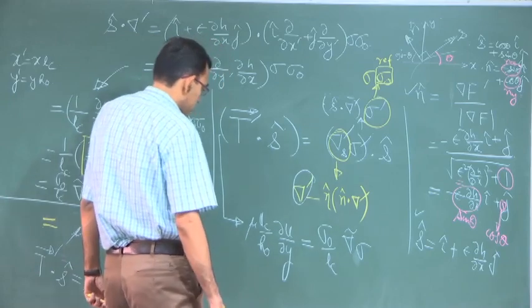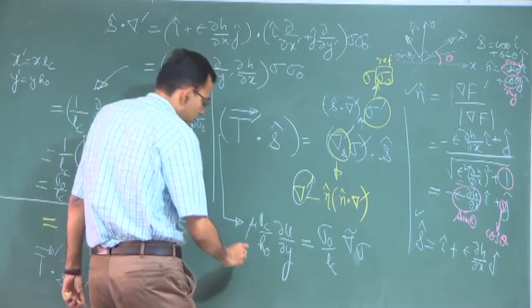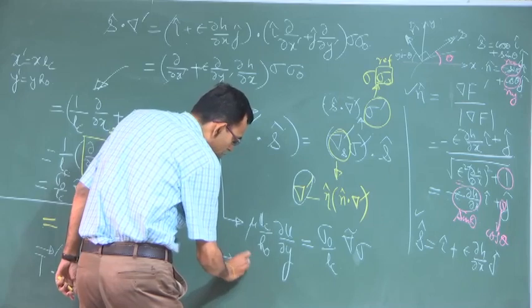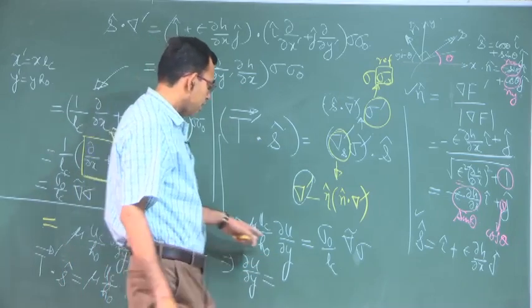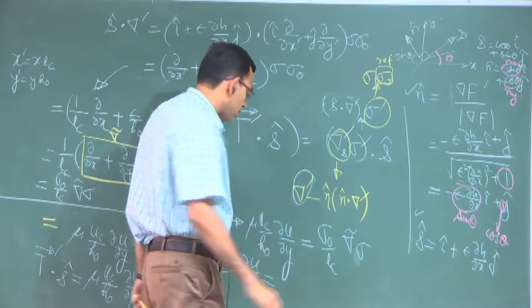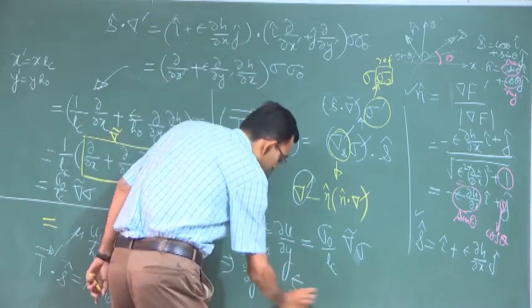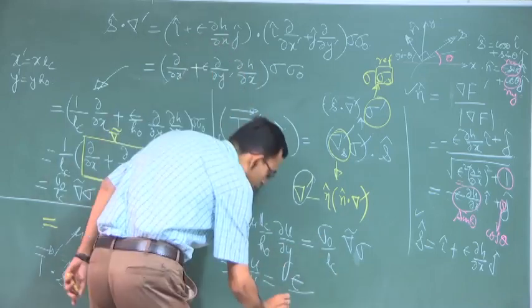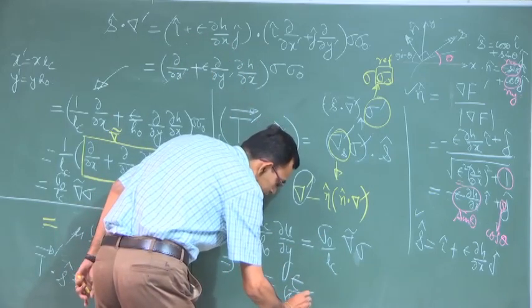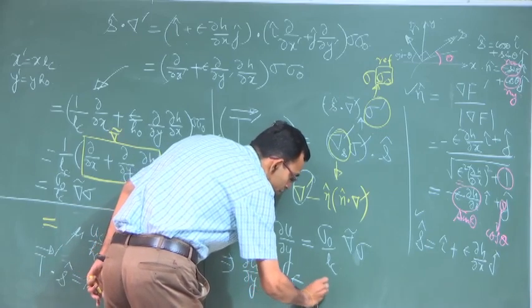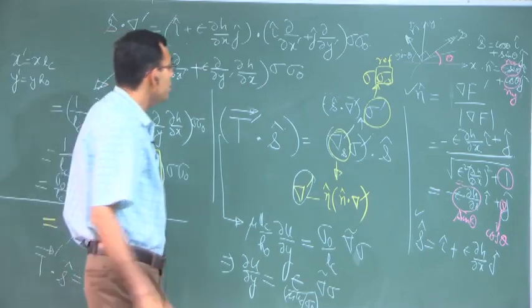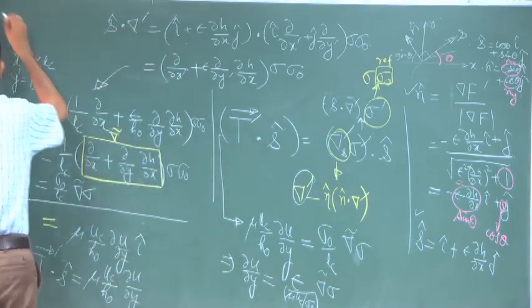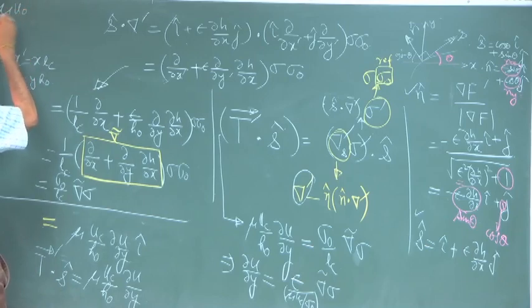So, you can write del u del y is equal to h naught by L C, which is epsilon, divided by mu u c by sigma 0, into this one. This mu u c by sigma 0 is a very important non-dimensional parameter.